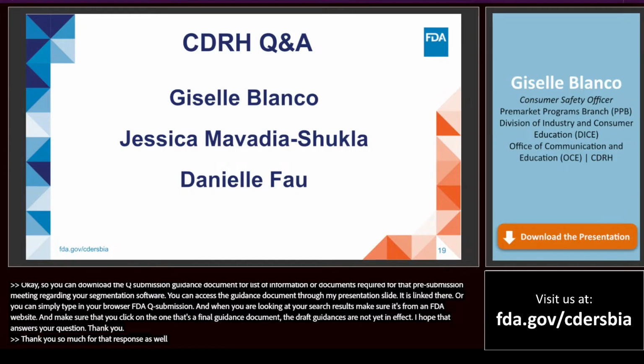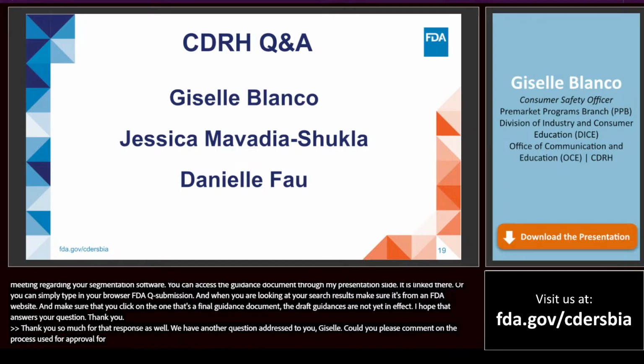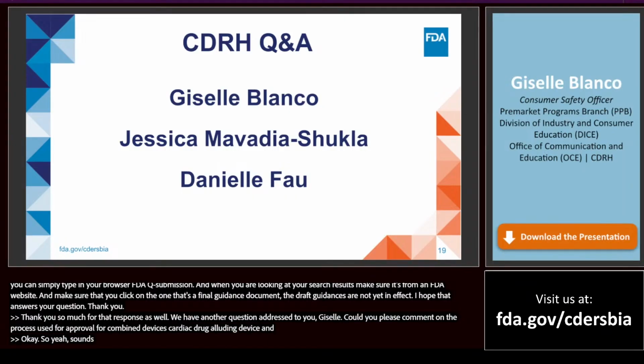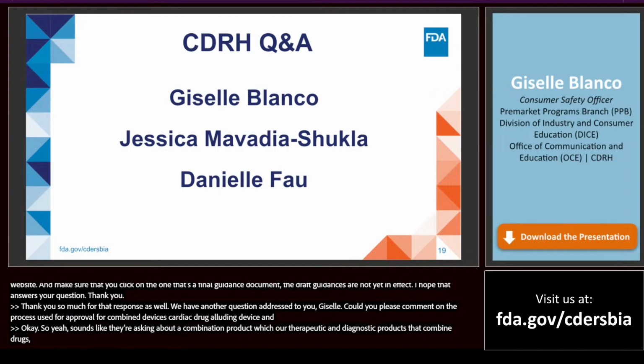We have another question addressed to you, Giselle. Could you please comment on the processes for approval for combined devices, e.g. a cardiac drug-eluting device? Okay, it sounds like they're asking about a combination product, which are therapeutic and diagnostic products that combine drugs, devices, and or biological products.